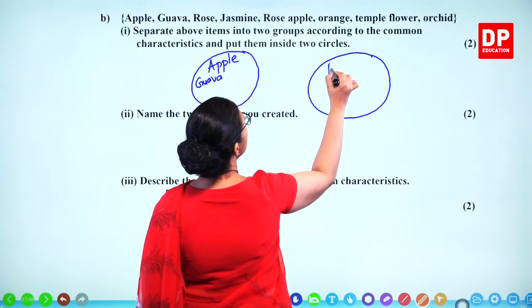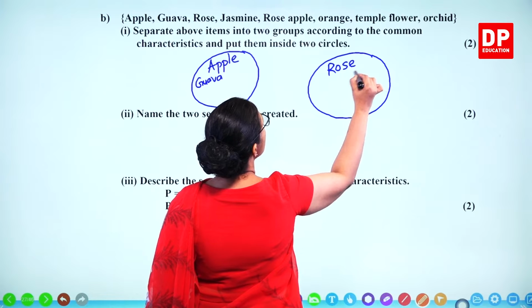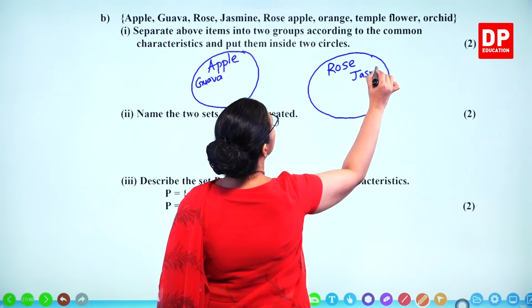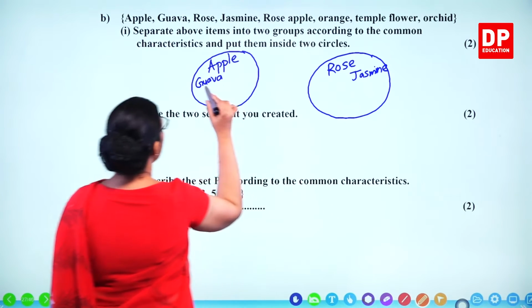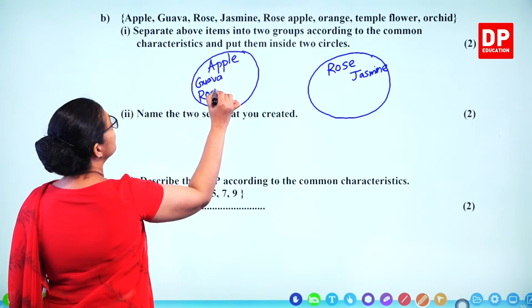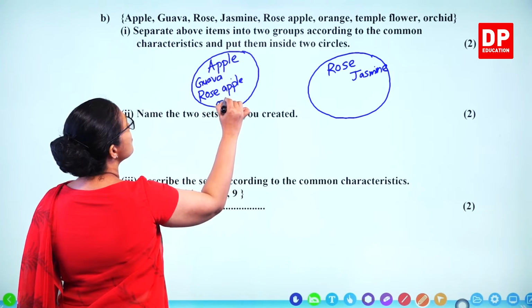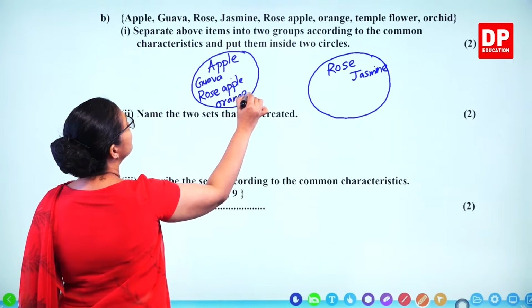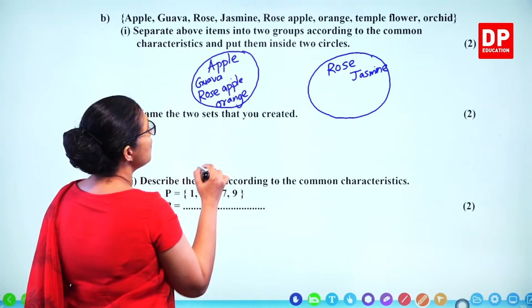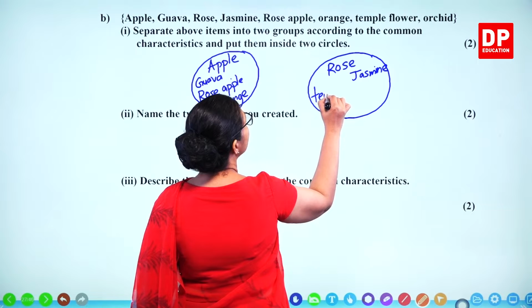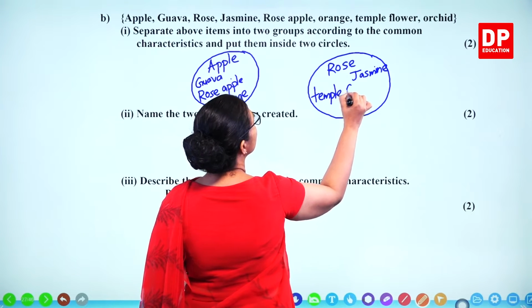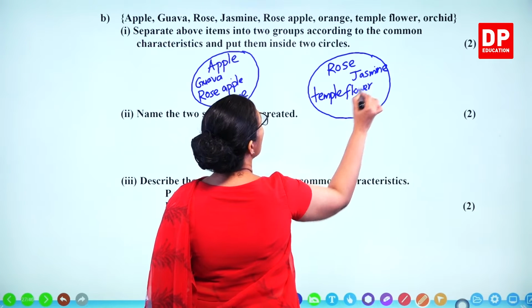We'll put rose here, jasmine, rose apple here, orange, temple flower, orchid.